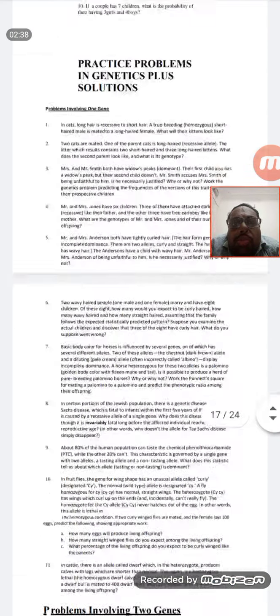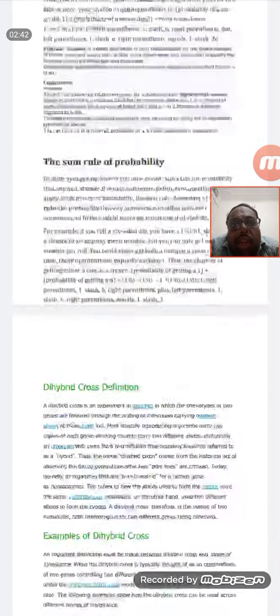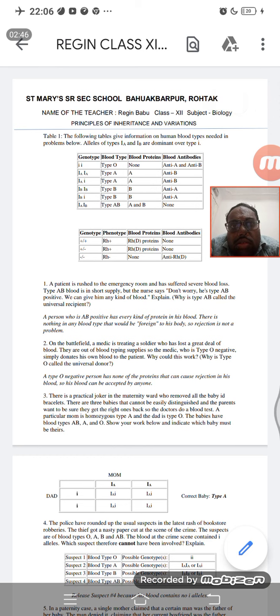So we will move first to the problems from blood grouping. By knowing which genes or which alleles are responsible for the formation of blood, we can predict the blood group of a person.